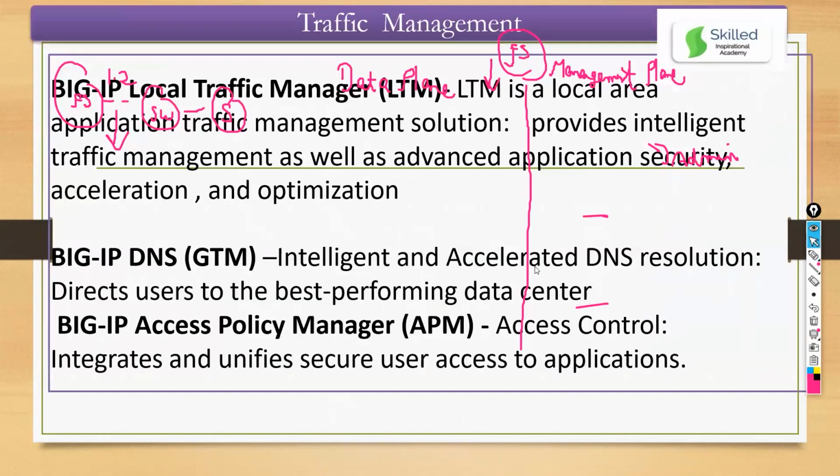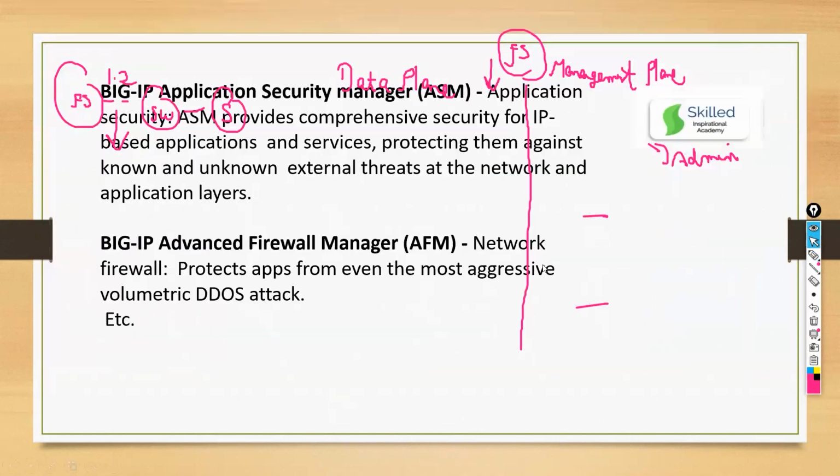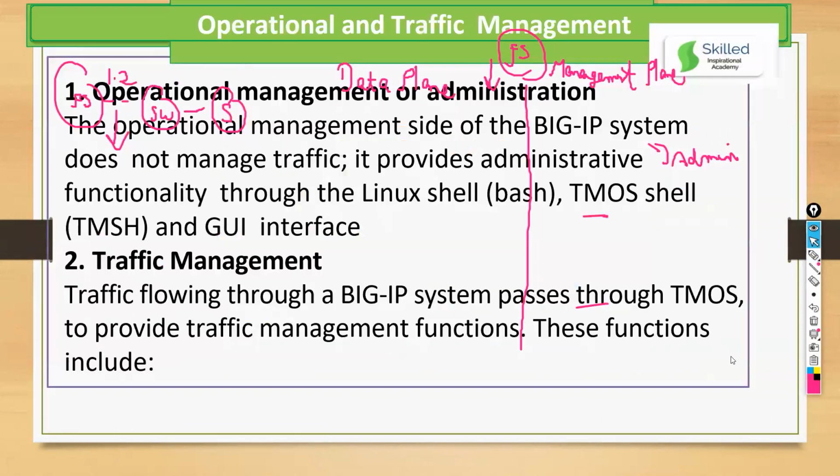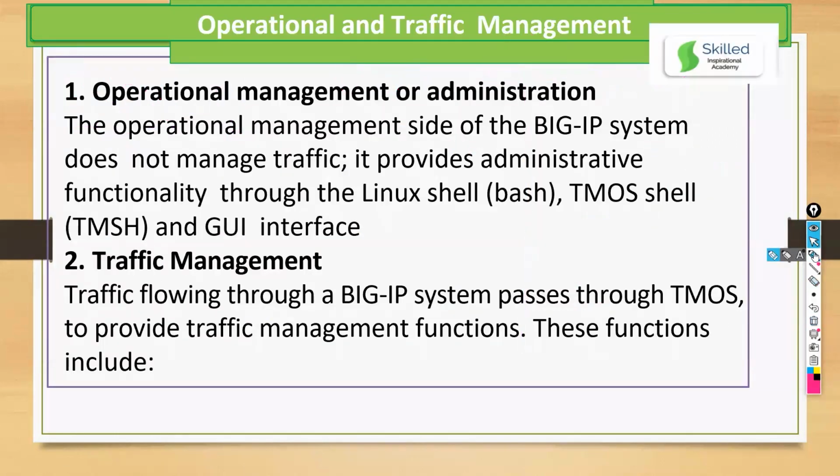So here come your two planes. One is called your operational management plane and one is called your traffic management plane. Can you see this? Management plane does not manage your traffic.